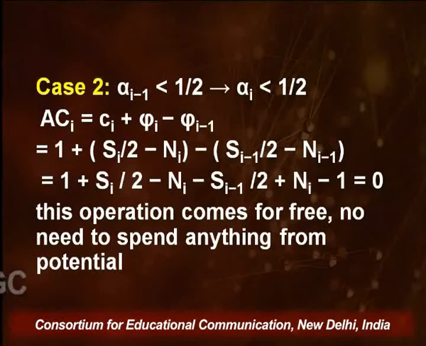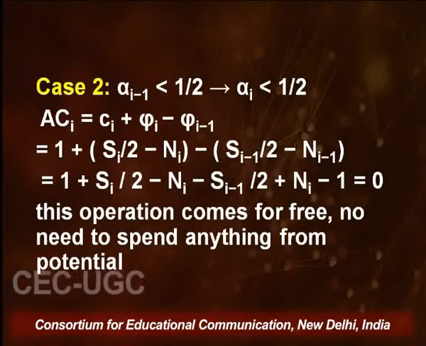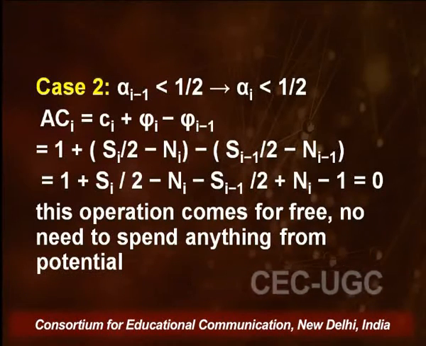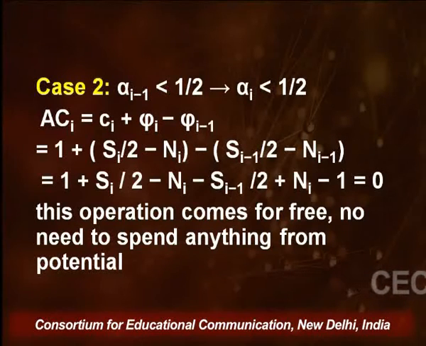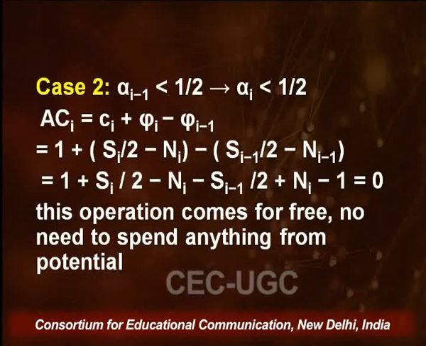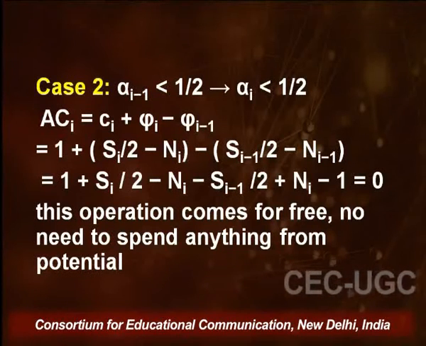That means it is not changing the category. Just to recall the formula of amortized cost: actual cost plus potential difference. The potential difference is phi of i minus phi of i minus 1. Here we need to look at phi of i and phi of i minus 1, and the actual cost for insertion is obviously 1.